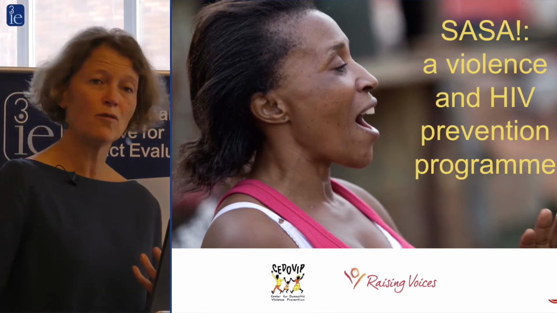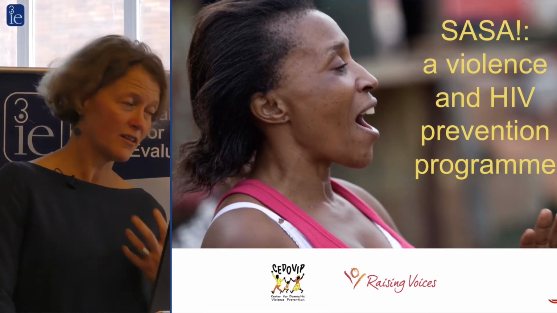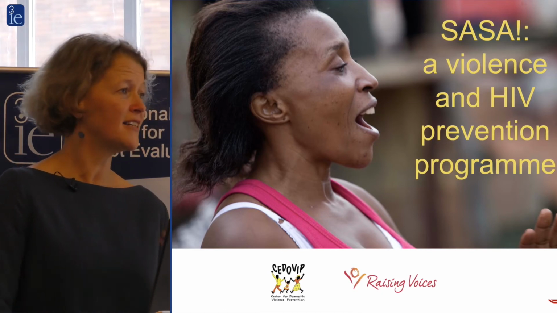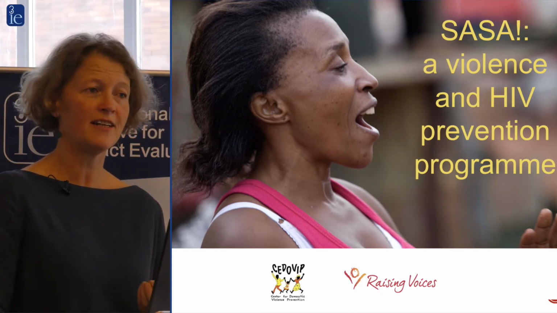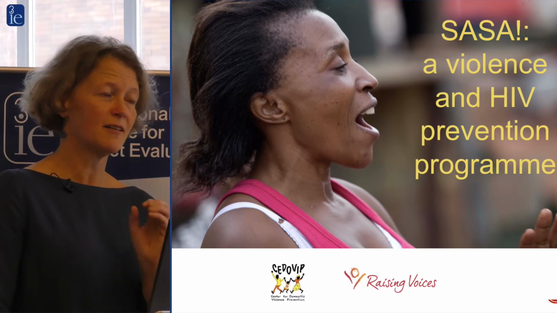Raising Voices has spent 7 or 8 years piloting different components of this intervention and then documenting it and really describing the stages of activity, the range of activities that you do to take a community through a process of even starting to think about the issue of violence.